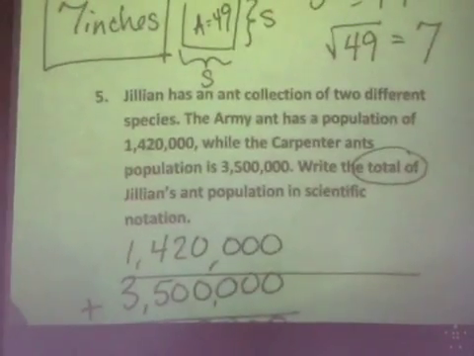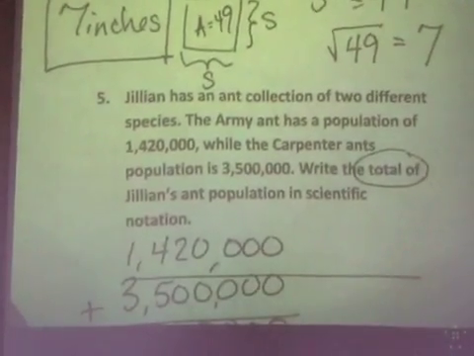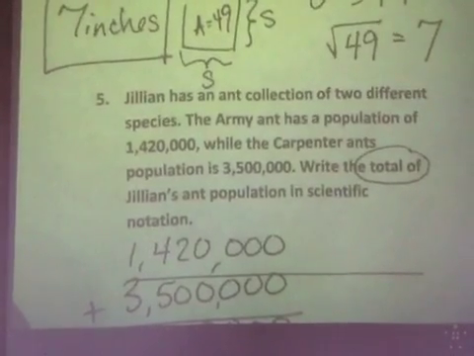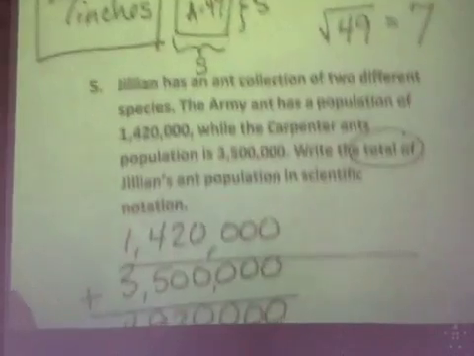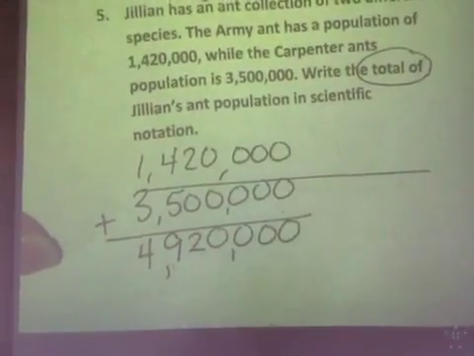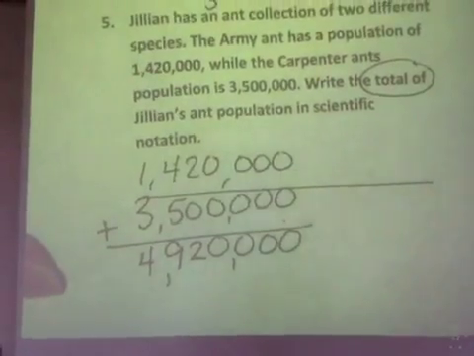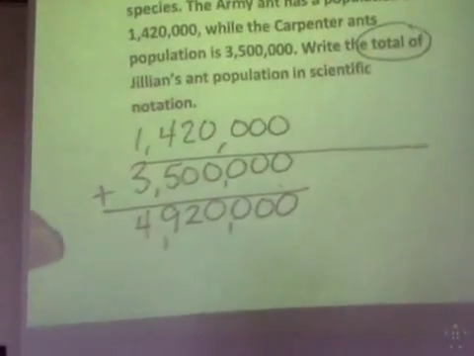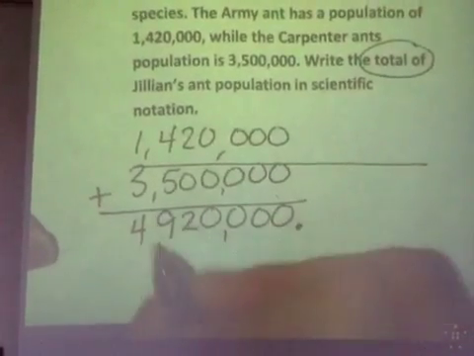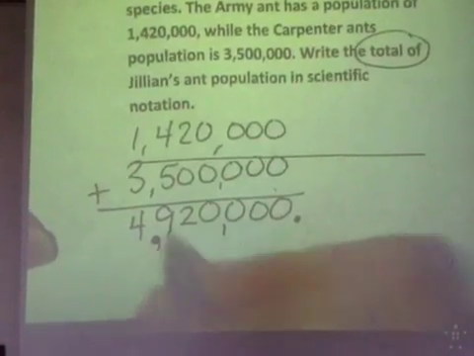2 plus 0 is 2. 4 plus 5 is 9. 3 plus 1 is 4. I'm going to add my commas in there. That's 4,920,000. So this is a whole number. My decimal is here at the end. I want it to be in between the 4 and the 9.